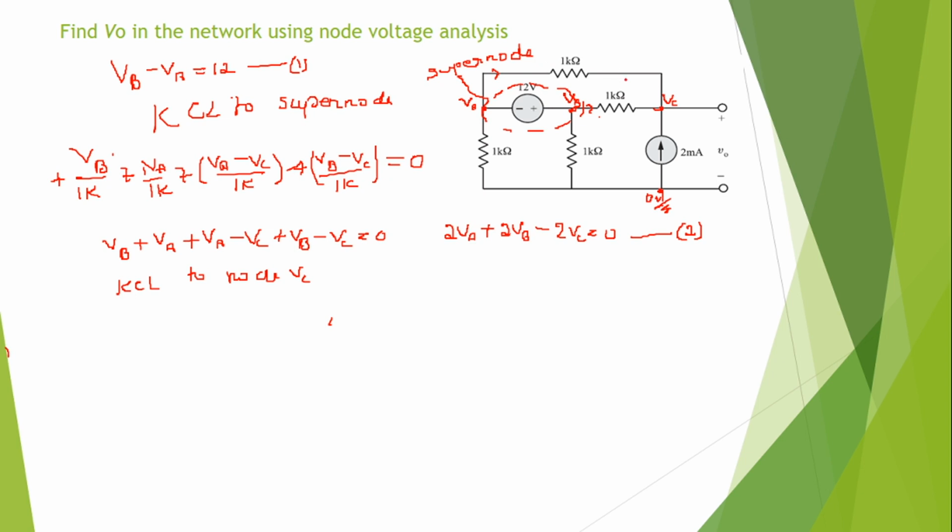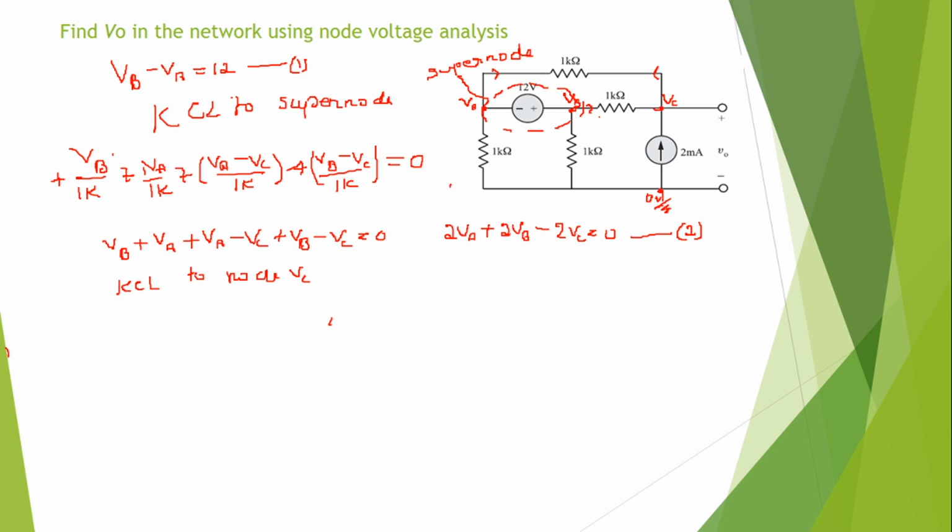Now here for this 1 kilo ohm, when I was considering the equation for the supernode, I assumed the current direction is from supernode to VC. Now I am writing the equation for VC, so I will assume the direction is from VC to VA. The reason is because I am considering this VC as having higher potential.